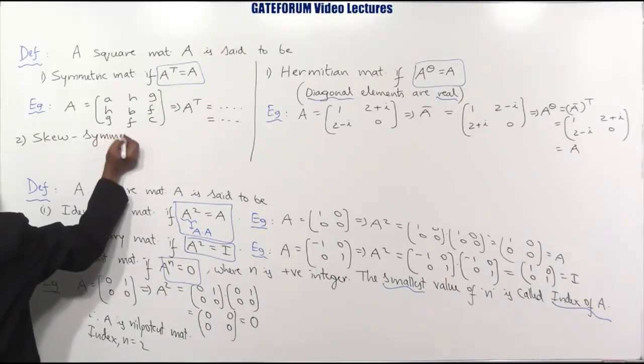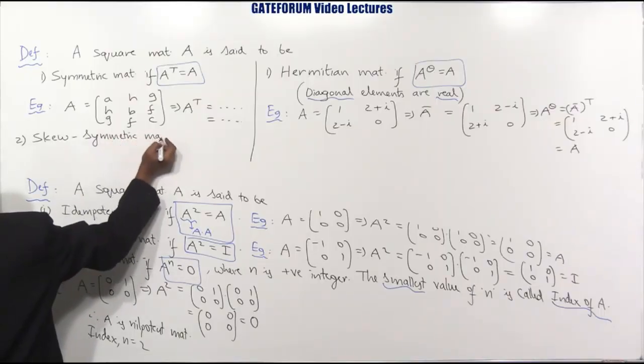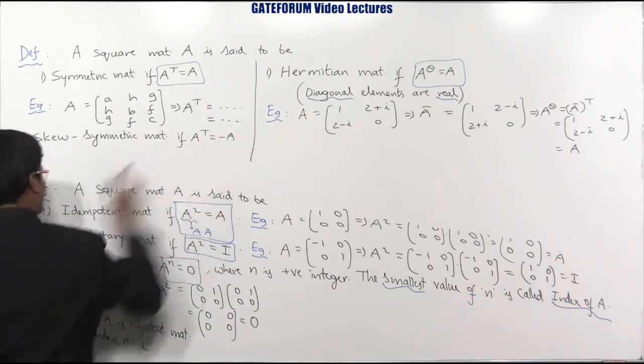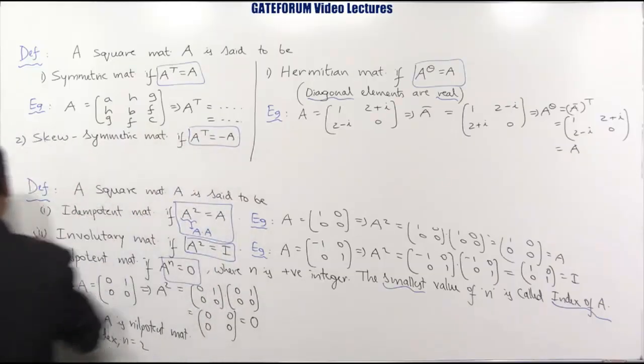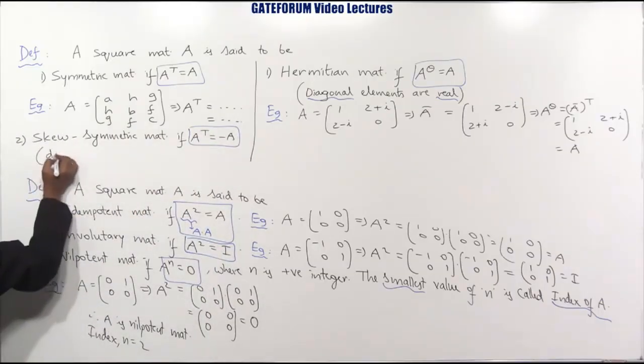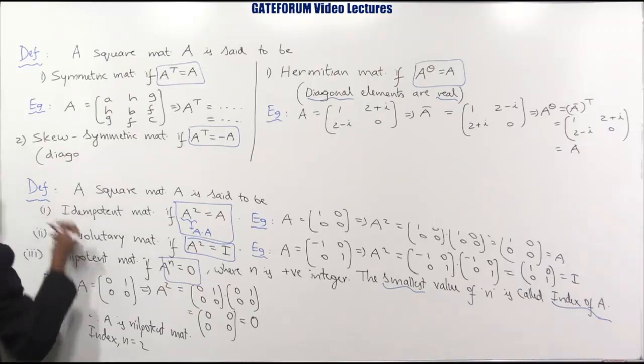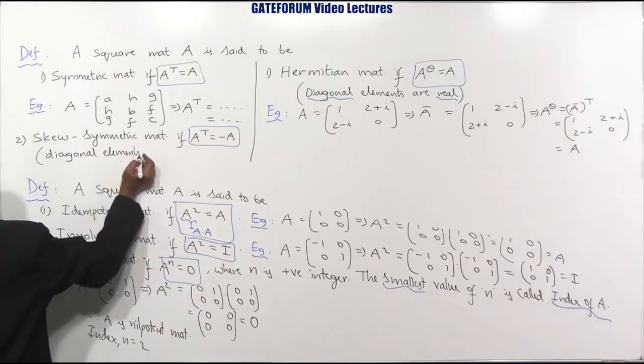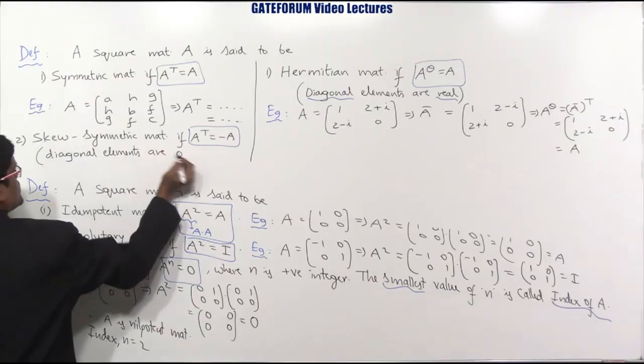Skew symmetric matrix, that is if A transpose is equal to minus A. In this, the important condition, by saying which immediately one of the options is the answer: diagonal elements, these are the key points, are all 0.